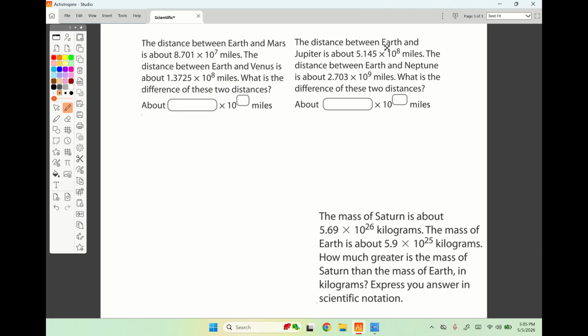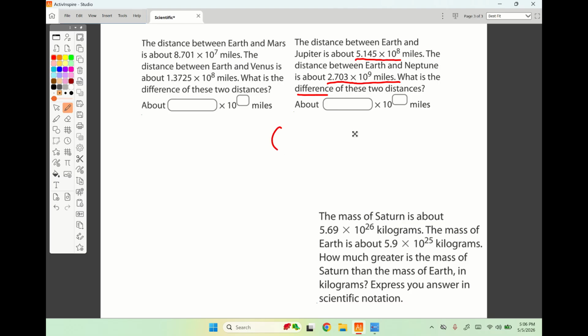Alright, so we're going to subtract your two values here. 2.703 times 10 to the 9th minus 5.145 times 10 to the 8th.